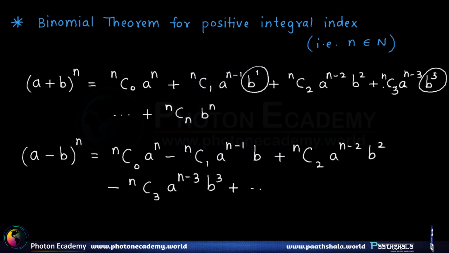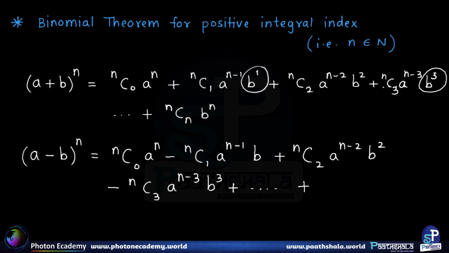And so on. Now how do we know the sign of the last term? Because it depends on whether n is even or odd. If n is even, we want the last term to be positive, correct? And if n is odd, then we want the last term to be negative.